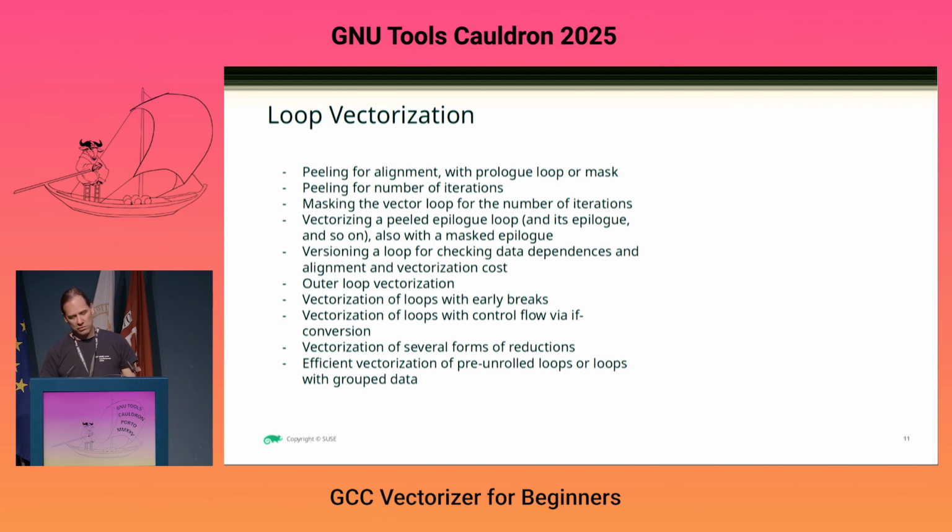We can also do quite efficient vectorization when you have partially or fully unrolled loops, like when you have the outer loop and the inner loop is fully unrolled, so you have several accesses to the same data stream, spaced with constant offsets, for example. This is called superword level parallelism, and we can handle that just fine, usually.